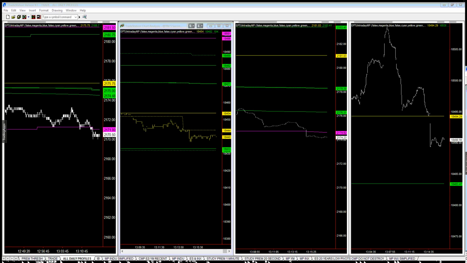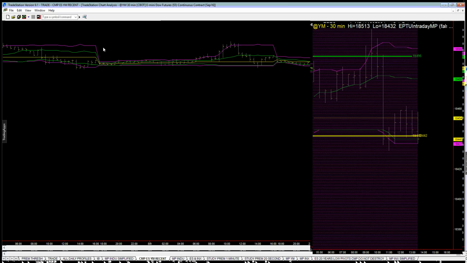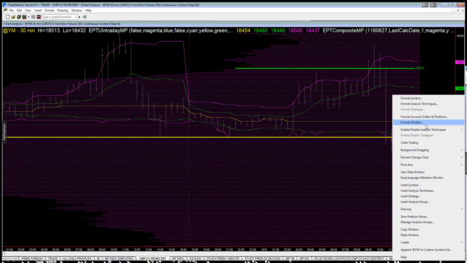Let's take a look at our composites. Yeah, 18,442 has been a POC. So this low in here on the YM.